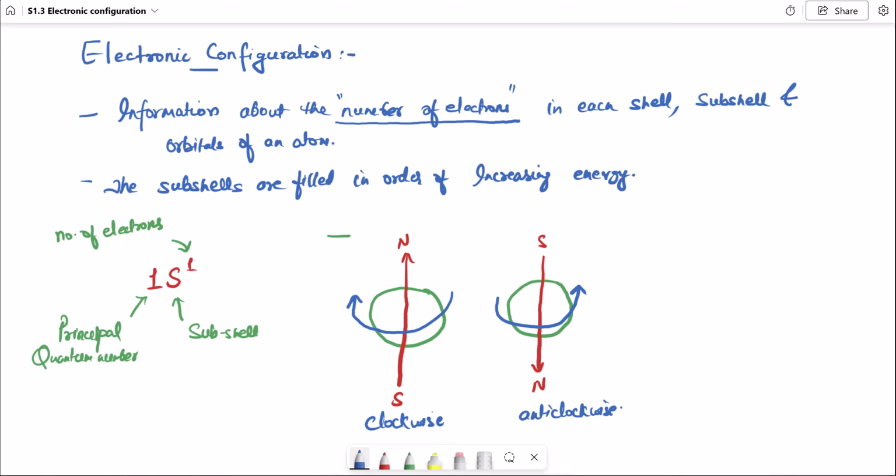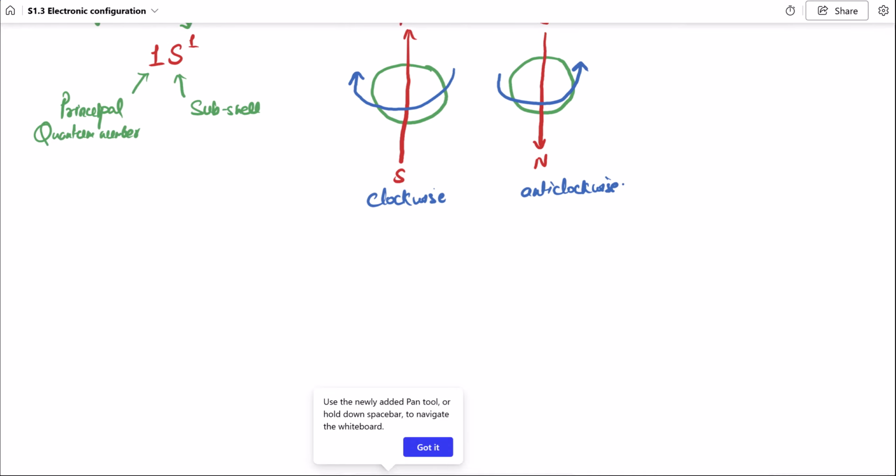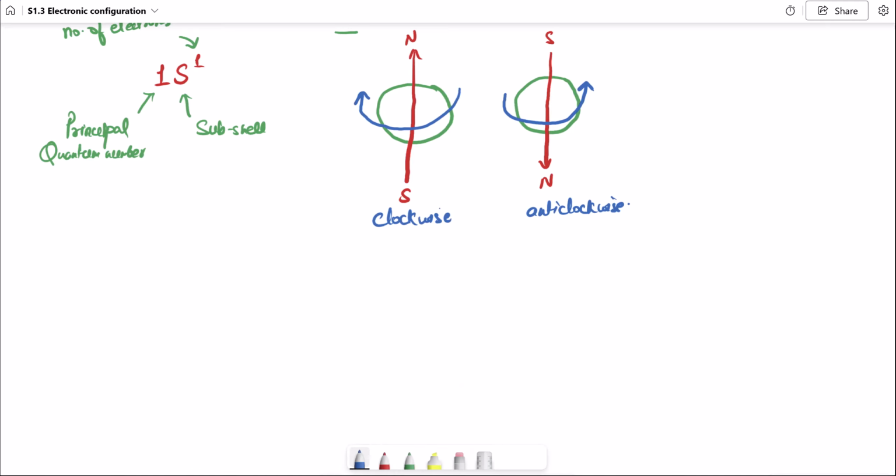So imagine the electrons are moving in the same spin. What will the problem be? The problem will be repulsion, right? Electrons with the same spin repel each other.